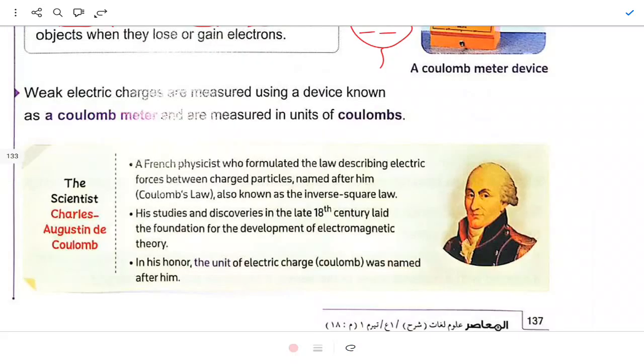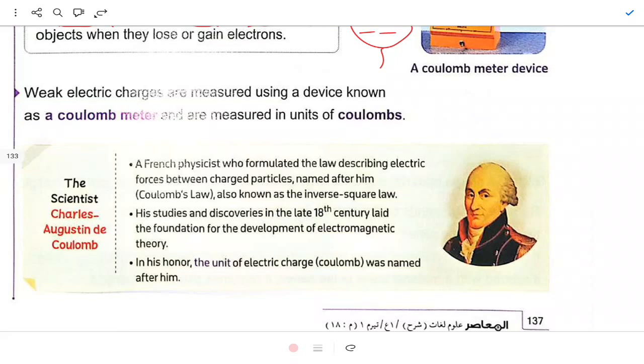Let's move to the other point. There are many devices that can measure electricity, but here we study a specific type of electricity: electrostatic charges, static electricity. If you want to measure the static electricity in an object, you must use a coulometer device.